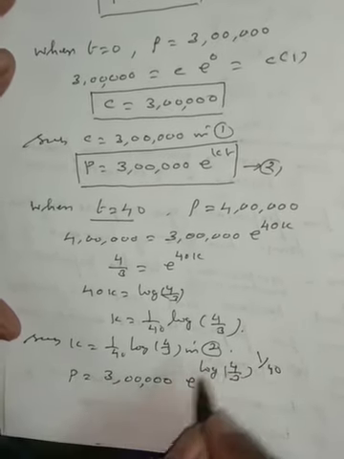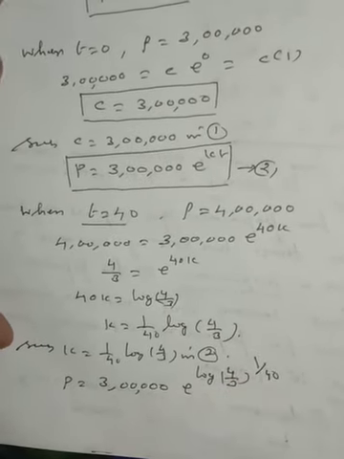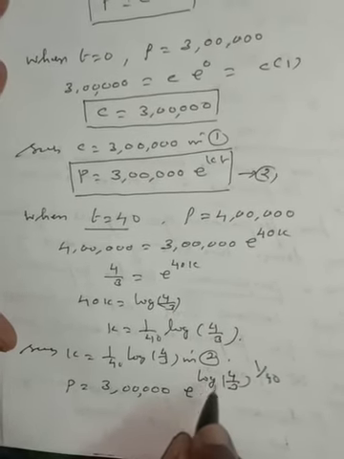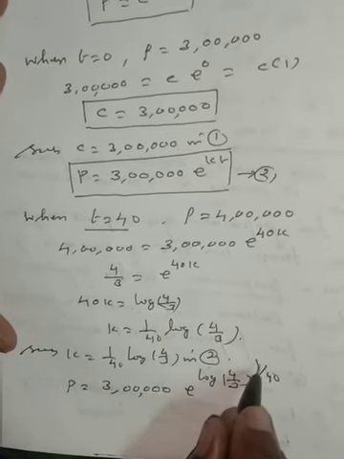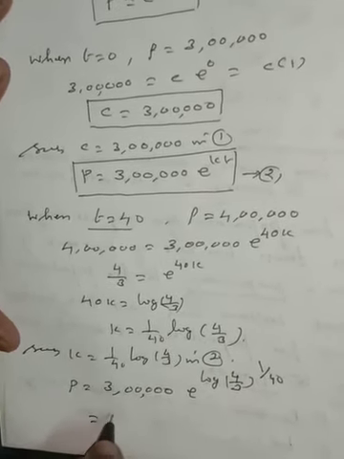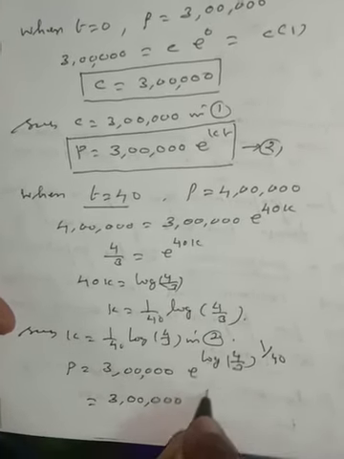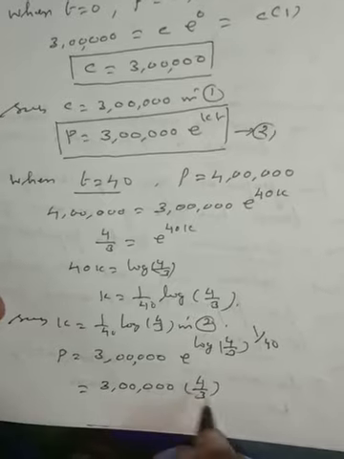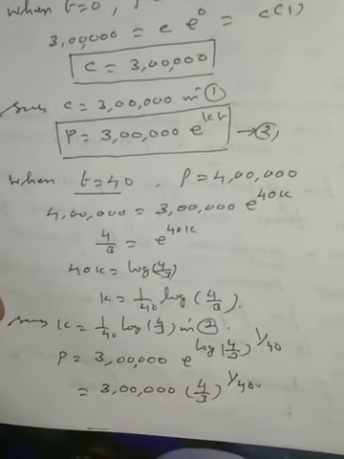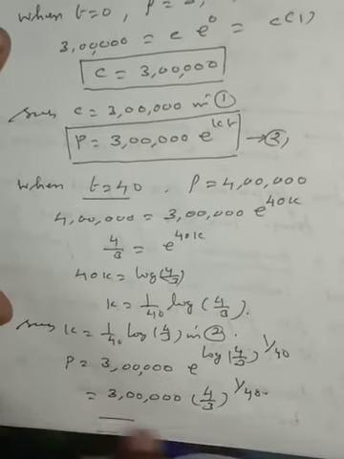By the power law we get 4 by 3 power 1 by 40. This is the last population.